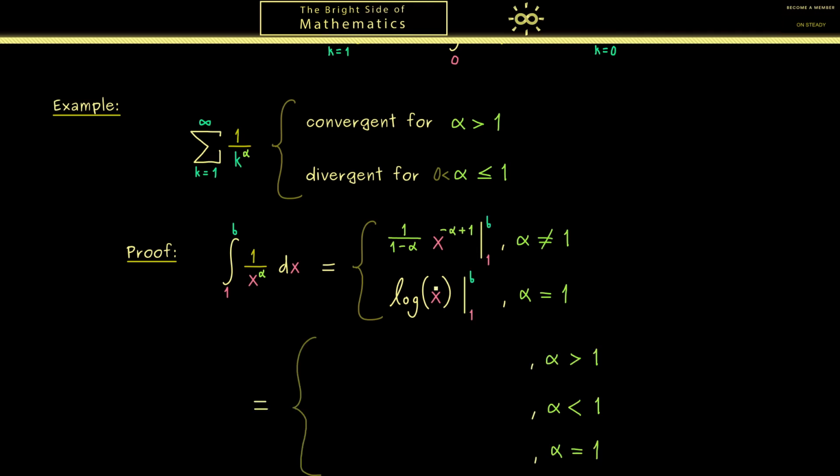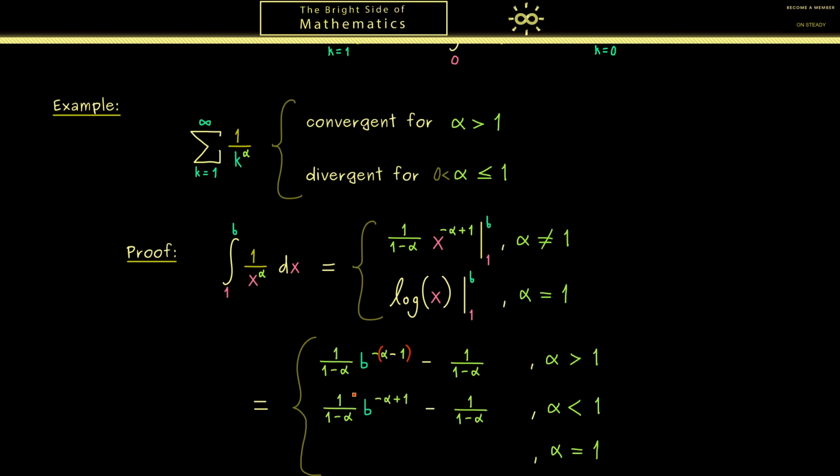Okay, then let's do it and put in b and 1, but then I want to distinguish the first case with alpha greater than 1 and alpha less than 1. Of course it's not so complicated, we put in b and then we subtract putting in 1. However, now I want to make it clear that this power is negative. So when I put parentheses here, we have a minus sign here.